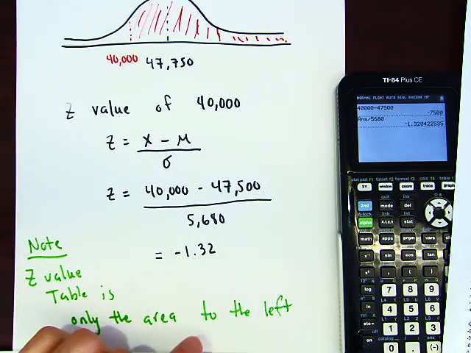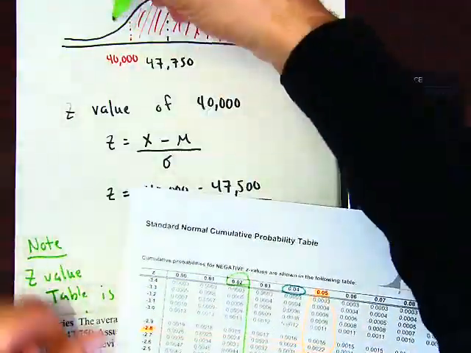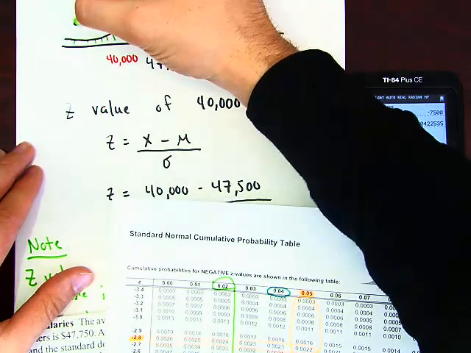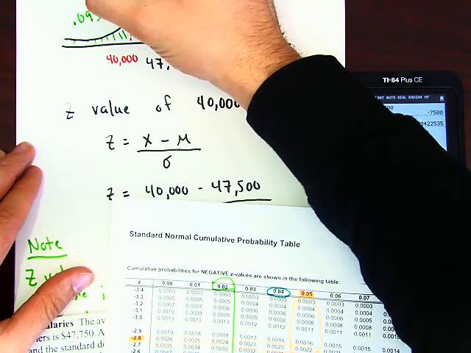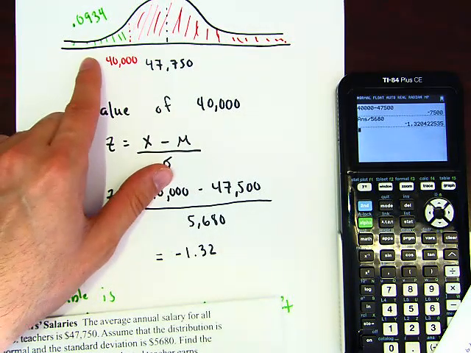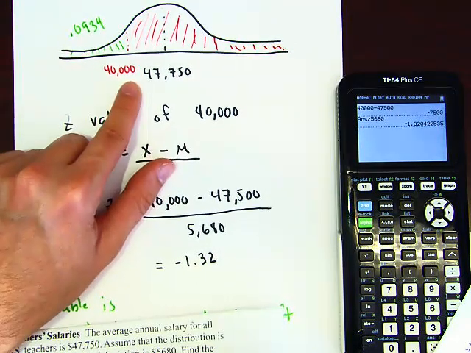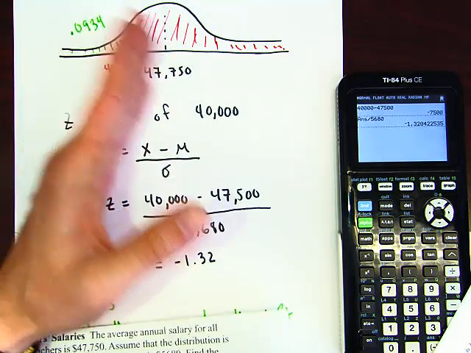So what we just found, this 0.0934, the area to the left of 40,000 is 0.0934, but we don't want the area to the left of 40,000. We want the area to the right.